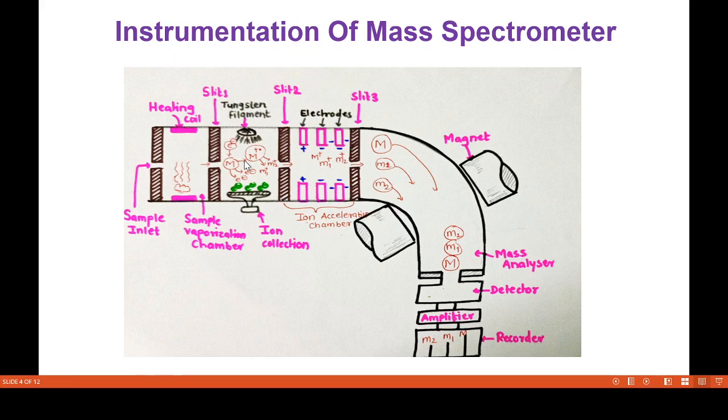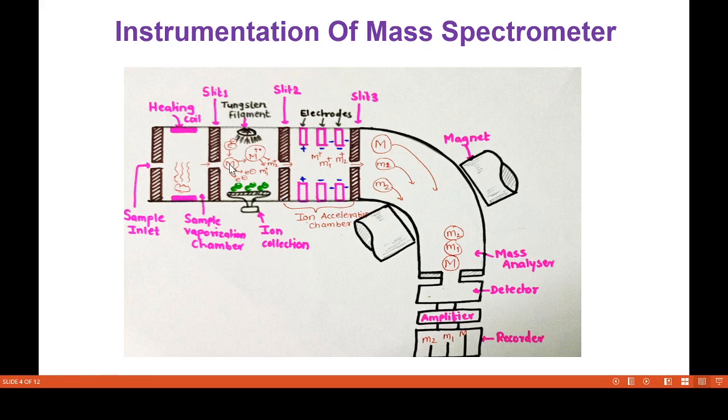The potential required to convert M to M plus is called the ionization potential, and its approximate value is 8 to 15 electron volt.